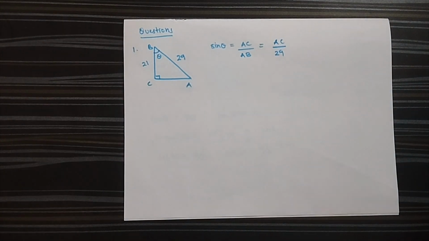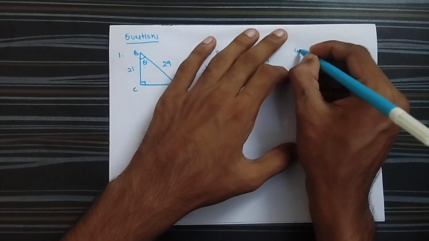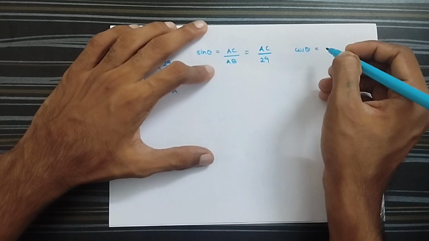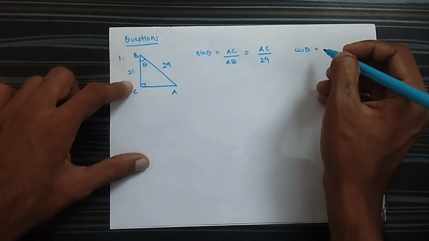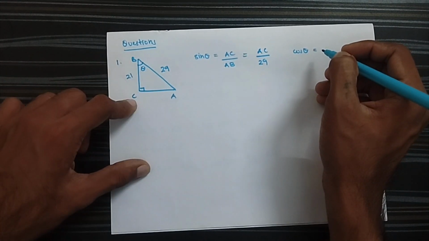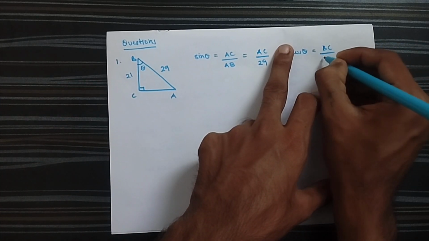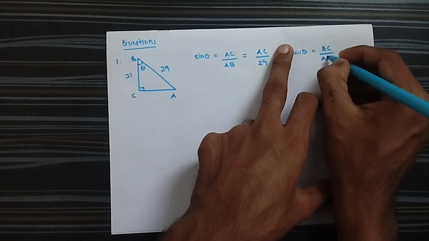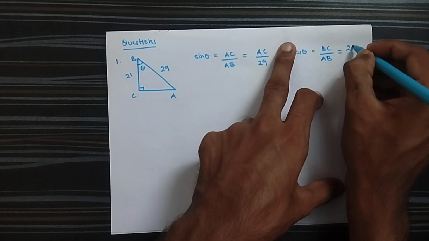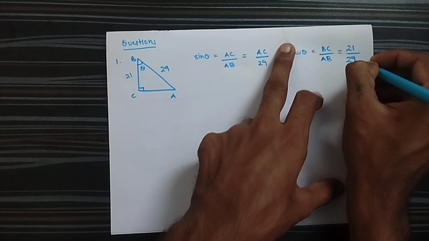Okay. Cos theta would equal adjacent by hypotenuse, so BC by AB. We know the value of both of these sides. BC is 21, AB is 29.